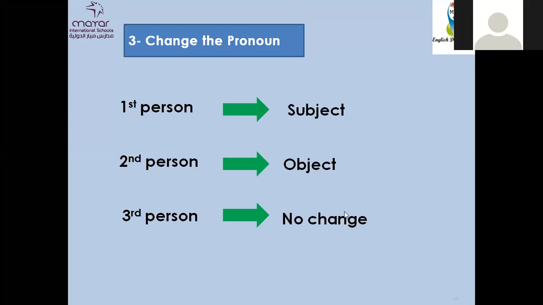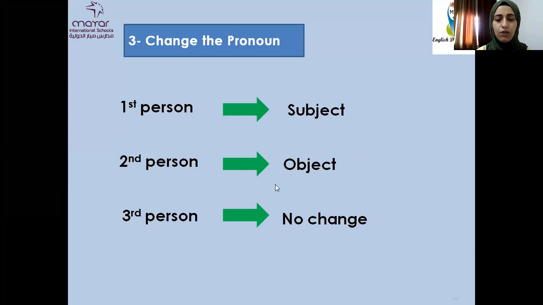The first person is the subject, the second person is the object, and the third person has no change. So we change the first person, which is I or we, according to the subject. When I say the subject, I mean the speaker of the sentence. The second person, which is you, your, or yours, we change according to the object, the listener or the addressee, the one that you are talking to.